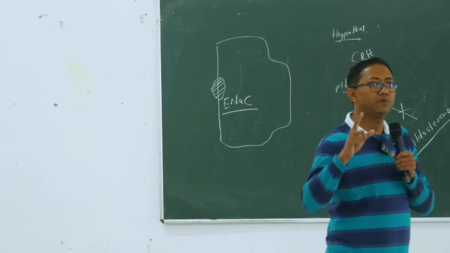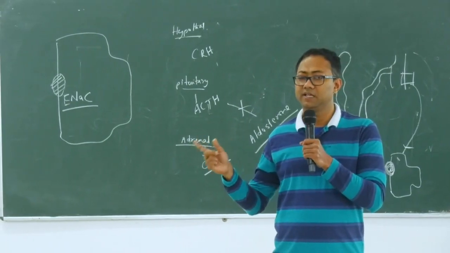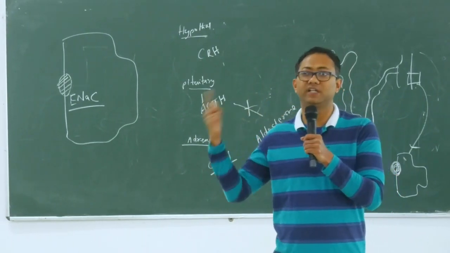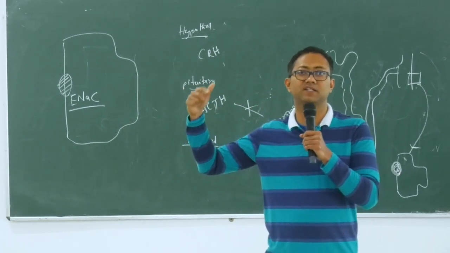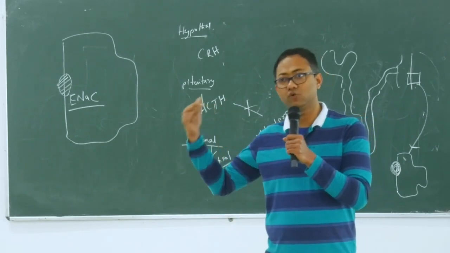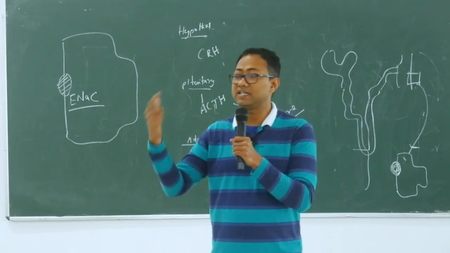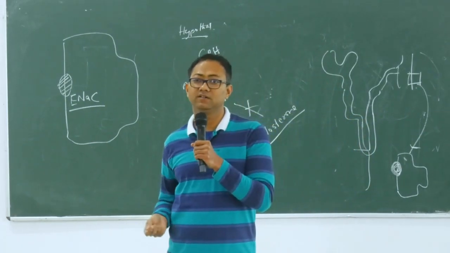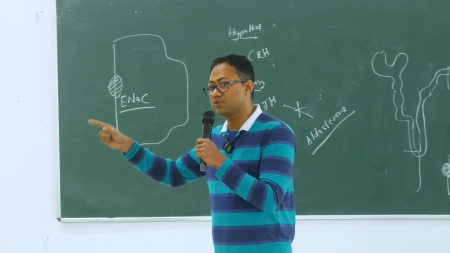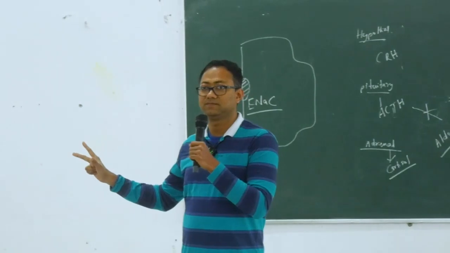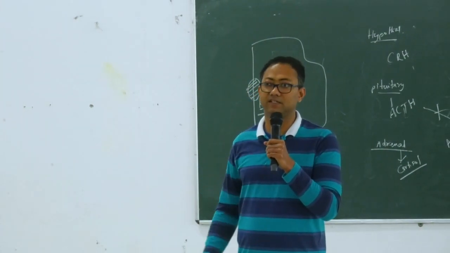There is a difference between action and mechanism of action. If I ask you what is the action of insulin, insulin causes glycogenesis, it prevents glycogenolysis, it prevents gluconeogenesis. These are actions of insulin. But if I ask you what is the mechanism of action of insulin, your answer is insulin binds to the receptor tyrosine kinase, and then whatever events are happening inside the cell.